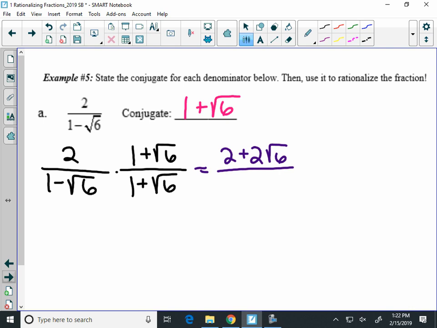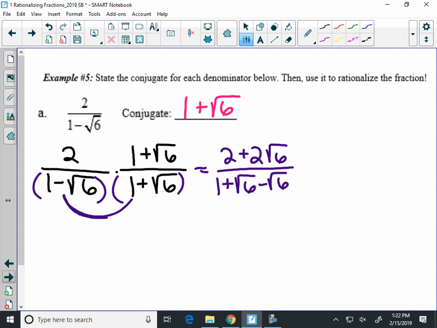Now the denominator, I suggest, if you need to, put them in parentheses so that you're careful when you multiply together, that you're not just adding or anything. You start with 1 times 1, which is 1. 1 times radical 6, which is plus radical 6. Minus radical 6 here.